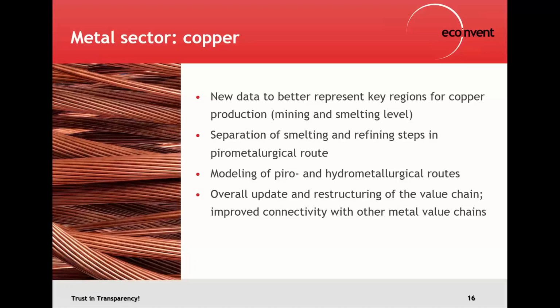And the chain has been worked to improve connectivity with other metals and with other metal value chains. Same as I was mentioning with cobalt, adjusting production volumes, making sure that market composition is really reflecting the contribution of the different technologies to the final market for the metal.